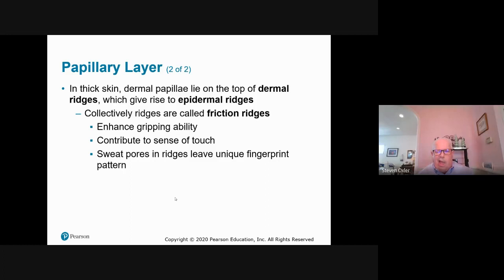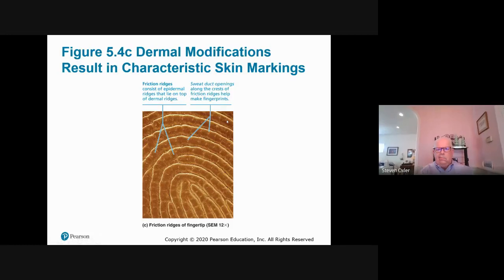Your ability to grab things, your ability to touch things is because of the friction ridges of the dermis and the epidermis. Characteristic findings. Here they are. We're kind of getting into fingerprints here.